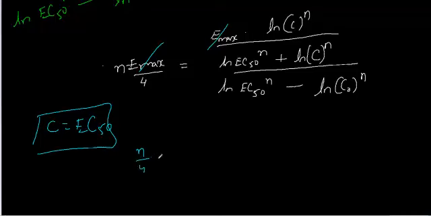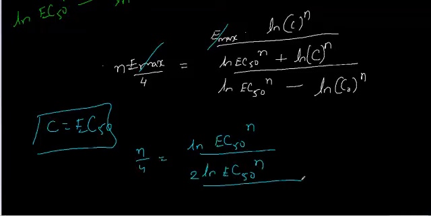So n divided by 4 is equal to ln of EC50 to the power of n divided by, since C is EC50, I'm going to rewrite this as 2 times ln of EC50 to the power of n divided by ln of EC50 to the power of n minus ln of C0 times n.